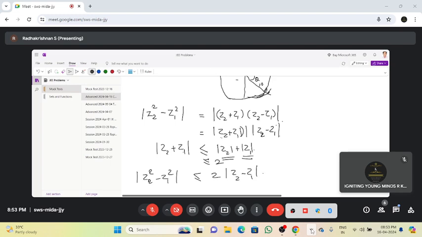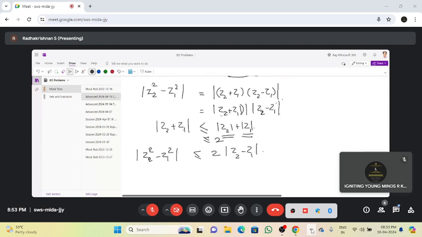So this is the concept. If you think a little, it needs some thinking. But once you put this down, we already solved for mod of Z2 minus Z1.